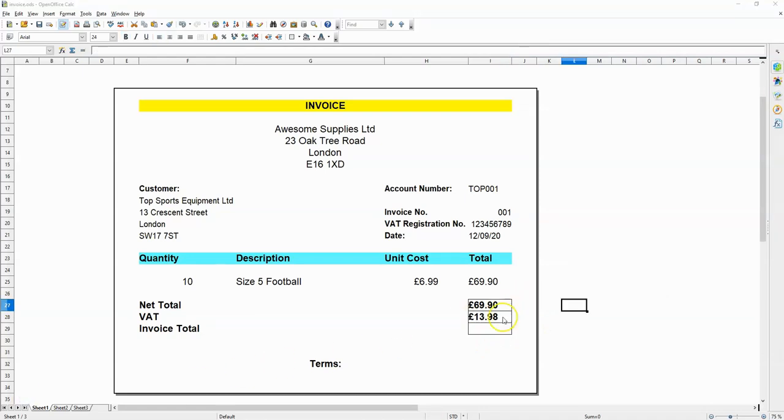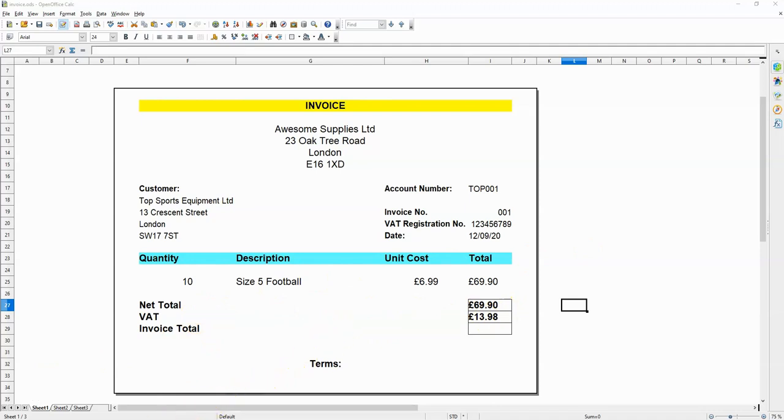Once again, if you have a small company, you probably won't have to pay VAT. So in that case, this over here would be not applicable or just 0. However, for the purpose of this video, we are going to say you have a large company and paying VAT is required.